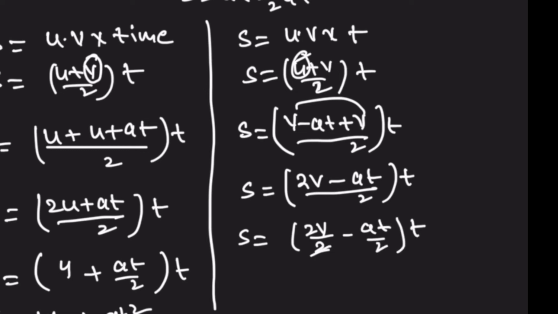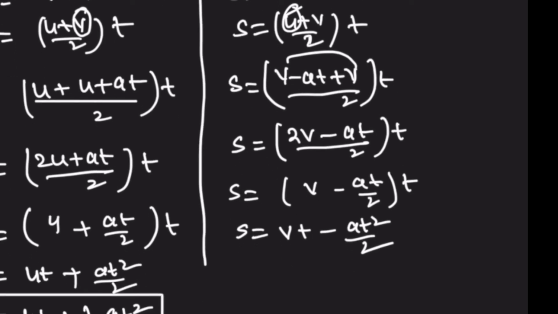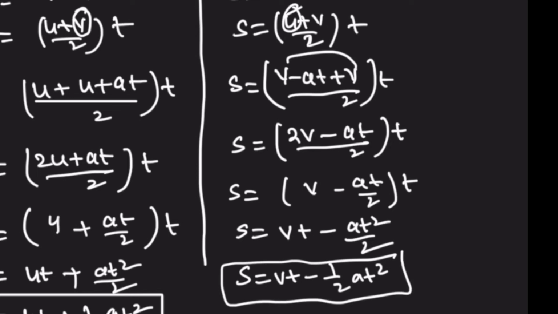Okay, so 2 cancel, so we get here v. So s is equal to, multiplied with t, vt minus at square by 2. So this is s is equal to vt minus half at square.